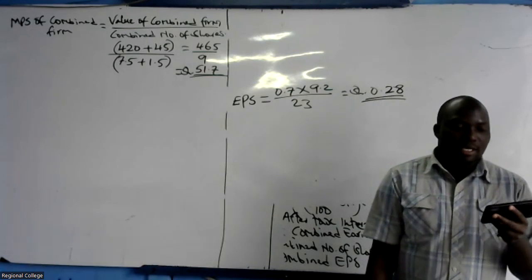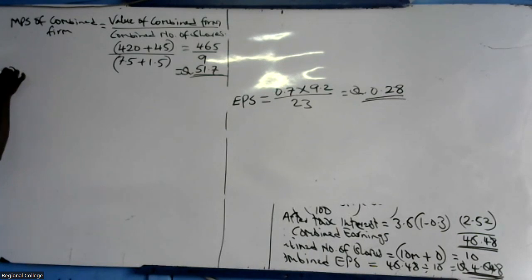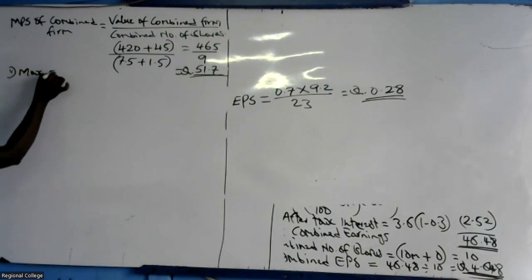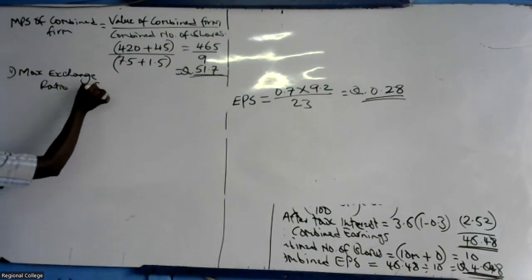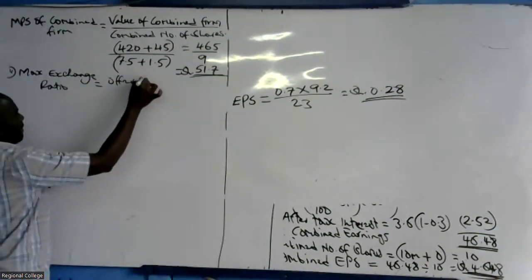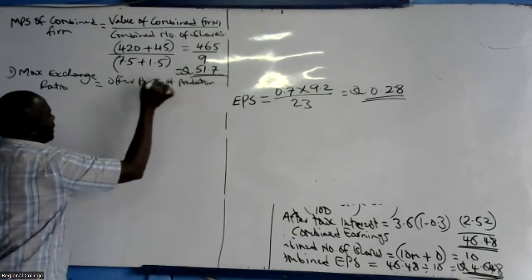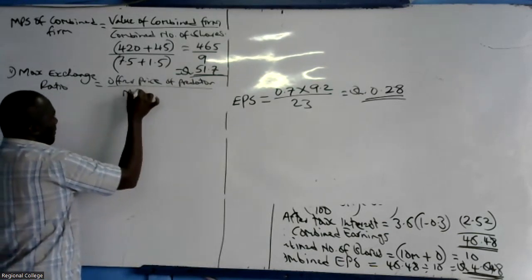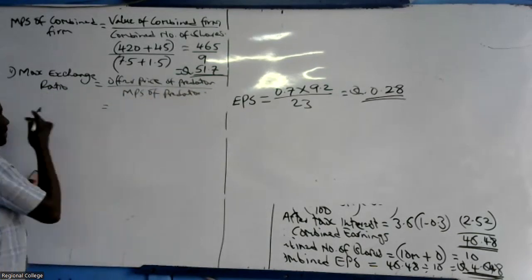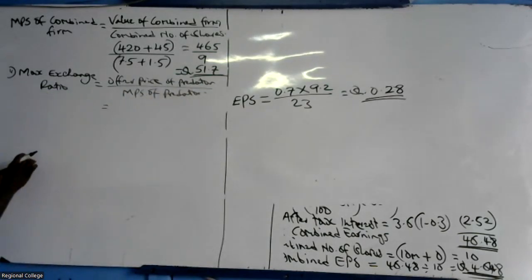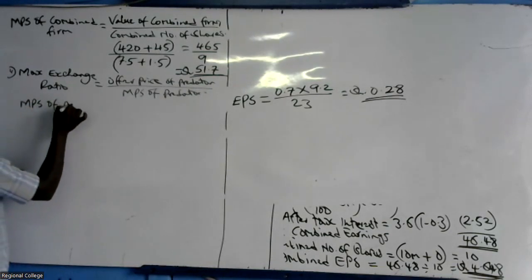Start by getting the maximum exchange ratio: the offer price divided by the MPS of the predator.